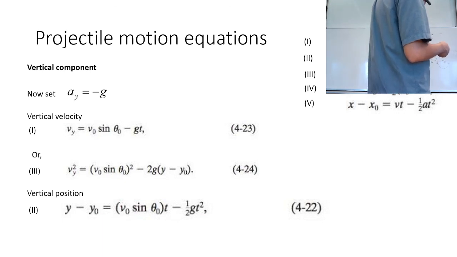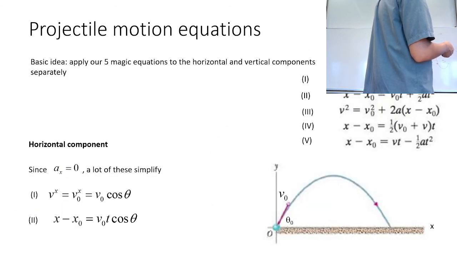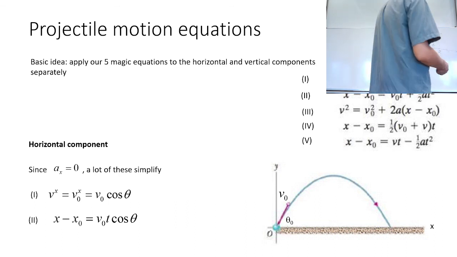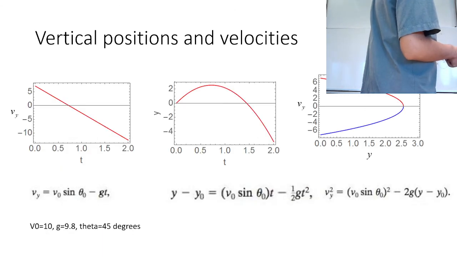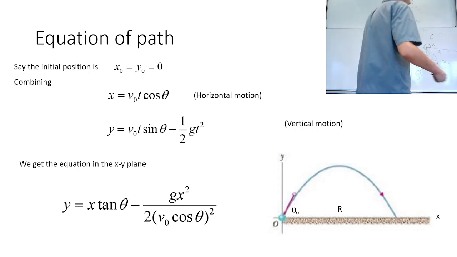This is just looking at the particular case of substituting gravity into these equations, and so if you look at the case where it's launched at some angle under gravity, then you get these equations. Just visualize some of these equations. Right, so sorry, this is where we got up to.